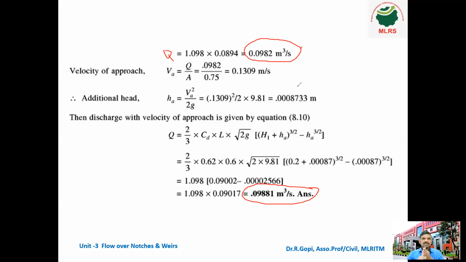The third step is the additional head: HA is equal to VA square by 2g, which we get in meters. Finally, adopt that HA in the discharge formula with velocity of approach, get the answer, and compare the discharge before and after considering velocity of approach. Slightly, it will be higher.